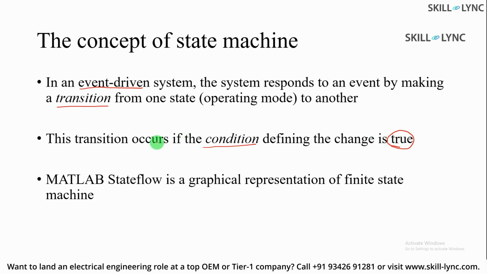So you will be continuously checking the condition. Here is the logic: if the fuel is empty, you will continuously check the fuel level. If the fuel level is below, let's say, 10% of the full tank capacity, then this condition is going to be true and the driver is going to search for a gas station or a petrol station. This is called transition decision making.